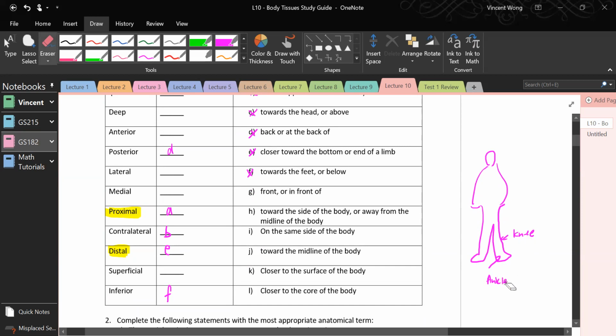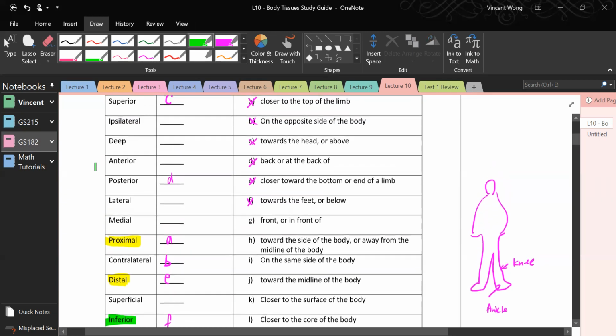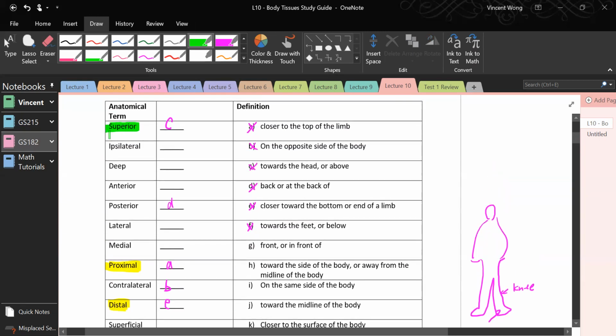Or should I say the ankle is distal to the knee? Technically, both are correct. But it's more appropriate to say the ankle is distal to the knee because we're talking about a limb. Generally speaking, we use proximal and distal referring to structures on the leg or on the arm. So inferior is opposite to superior.